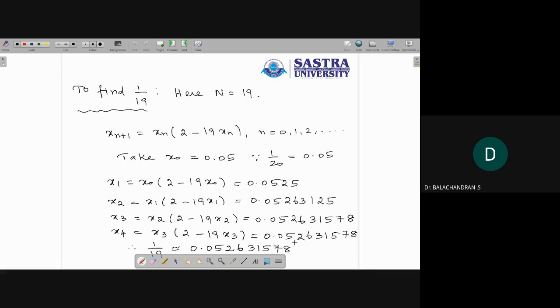Even for 8 digits, you are getting the same values. So I will stop at the 4th iteration, and hence 1 by 19 equal to 0.052631578. You can check it even now or later.